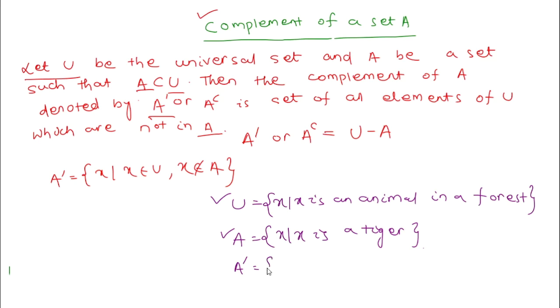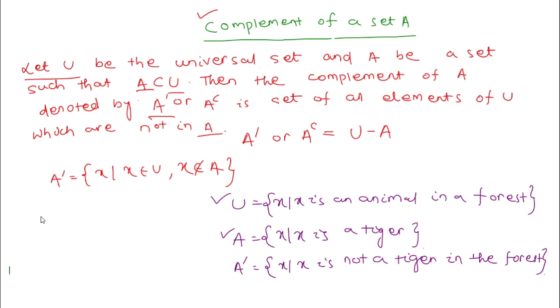So A complement can be defined as x such that x is not a tiger in the forest. We can say that A complement is the negative form of set A. Except A, everything comes under the A complement.